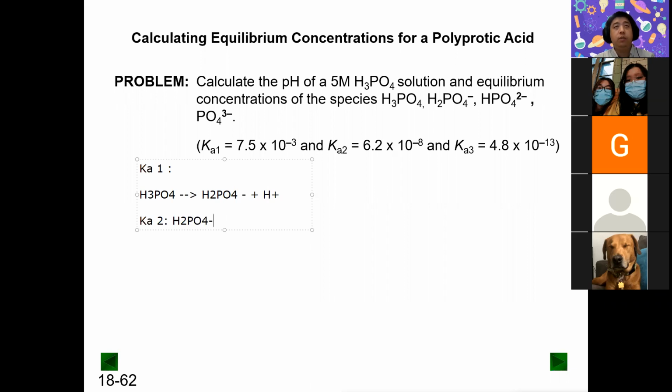H2PO4 minus, that's where we start, and this is going to change into HPO4 2 minus plus H plus again, okay? And then our Ka3 is going to be HPO4 2 minus, and that changes into PO4 3 minus plus H plus. Any questions about this?